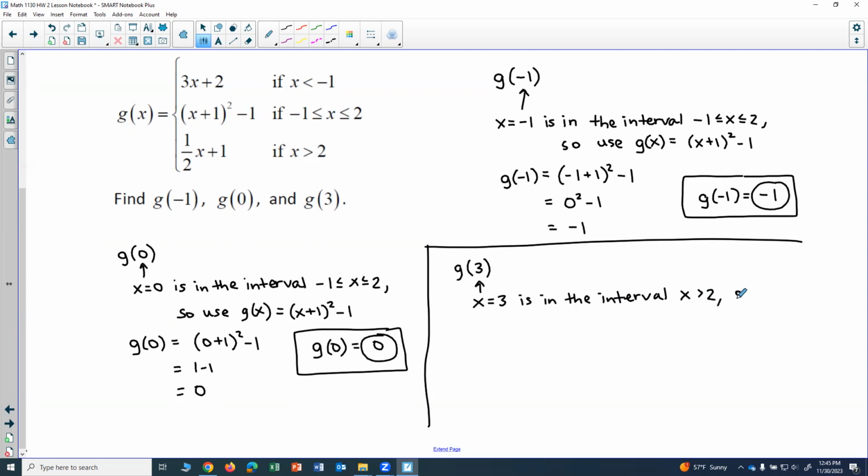So we're going to use the third relationship, g of x equals 1/2 x plus 1.